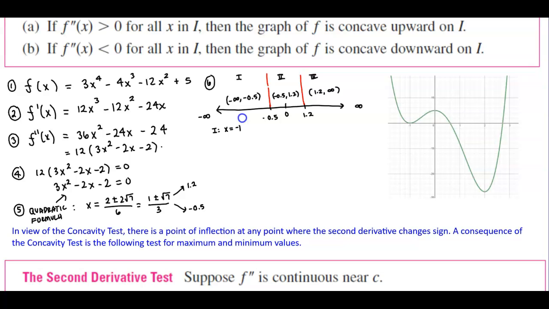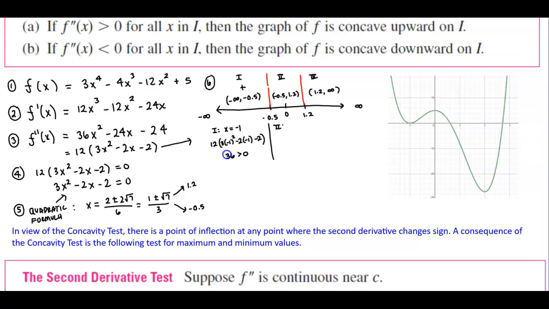So we have 12 times 3 times negative 1 squared minus 2 times negative 1 minus 2. We multiply that all out, we get 36, which is greater than 0, which tells us that it's positive in region 1.